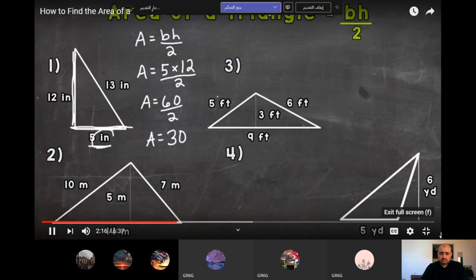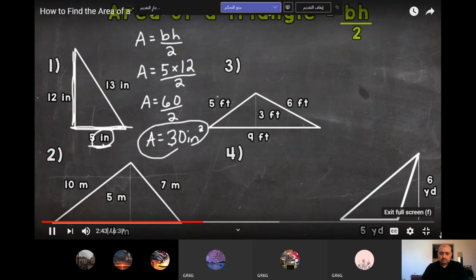Now we need to put our unit of measure, which is inches. And we put a 2 up here, and we read that as area equals 30 square inches. And we make that a square unit because there are square inches that cover that triangle to show how much space that figure takes up.